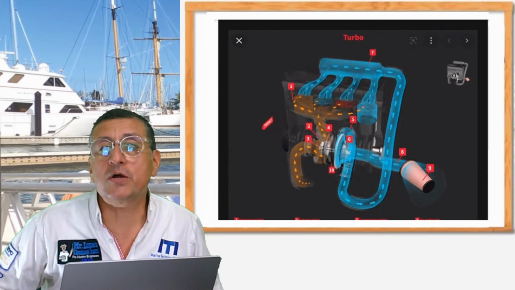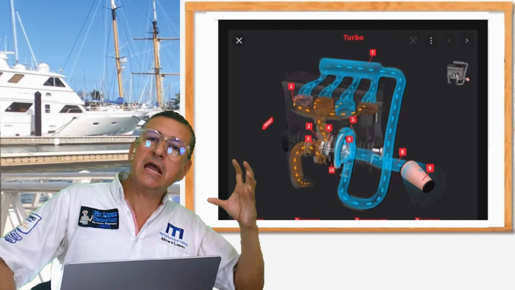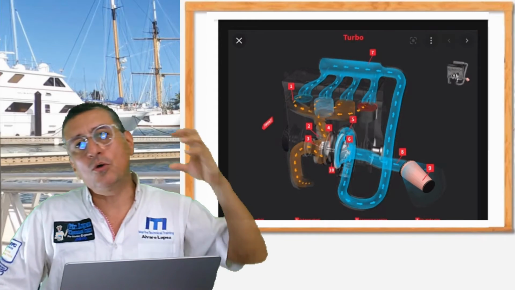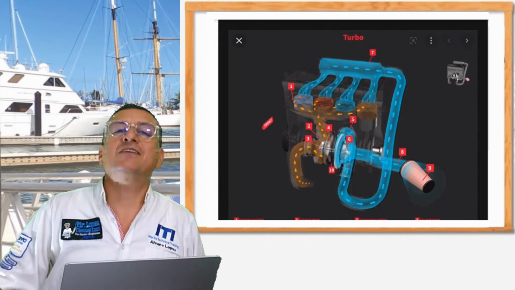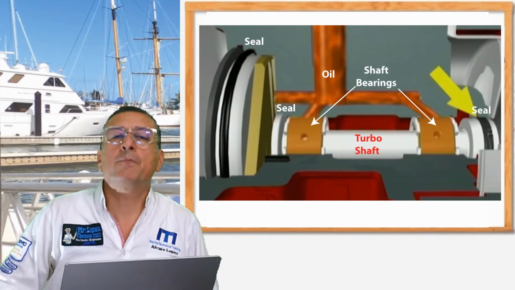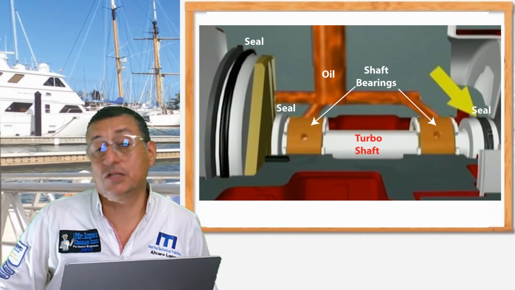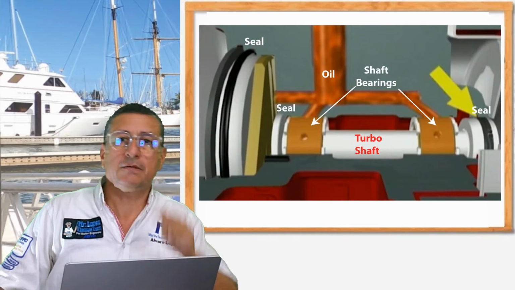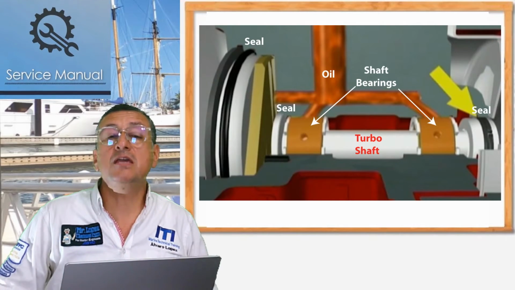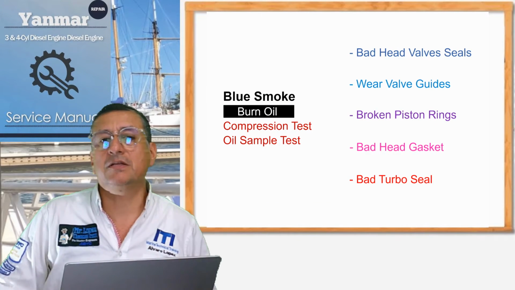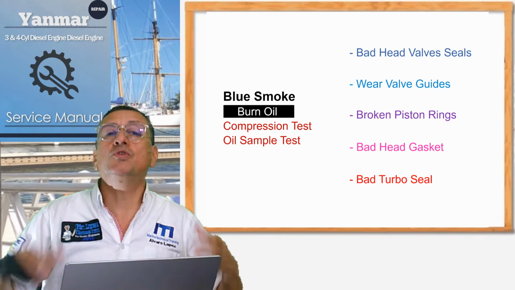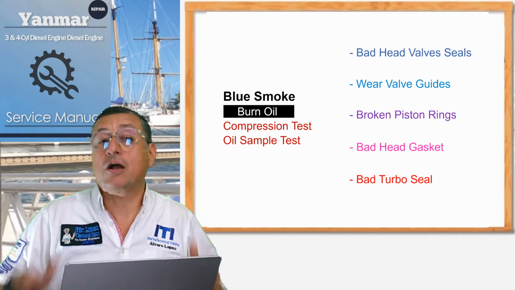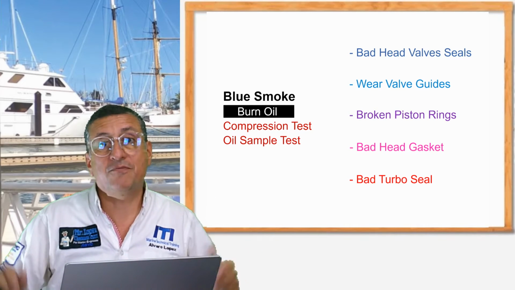And that pressurized air with oil enters the combustion chamber and produces blue smoke. Yes, it's a very, very common problem on the seals of the turbo. Once again, check the service intervals recommended by the manufacturer in the service manual. Do the service on the turbo according to those recommendations, and you don't have problems.